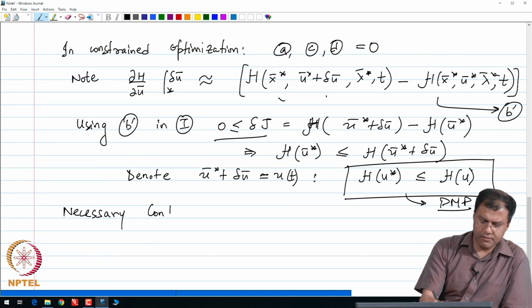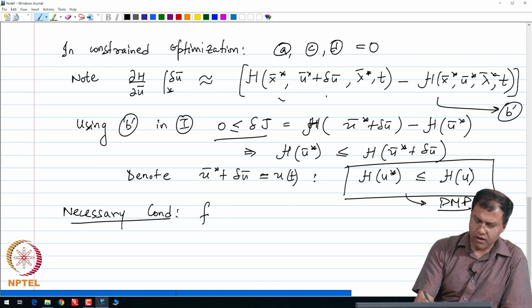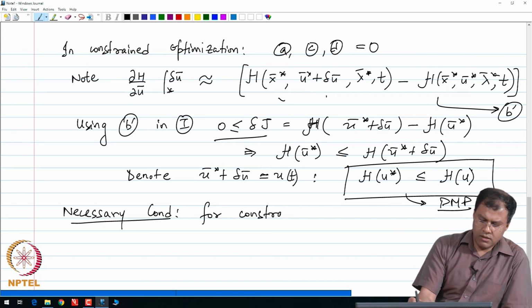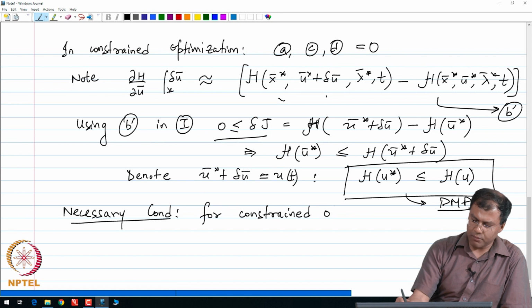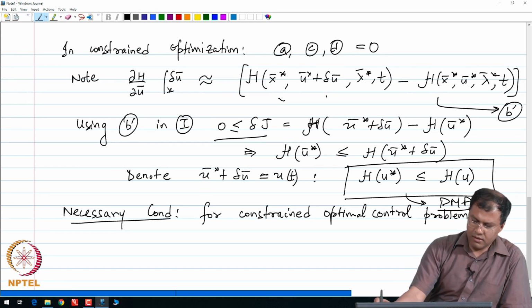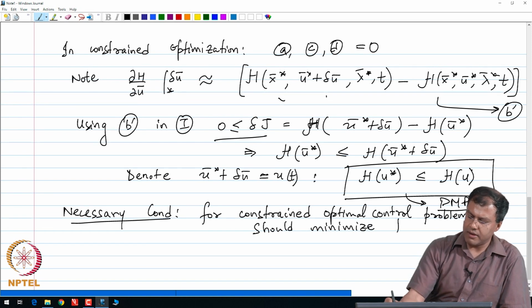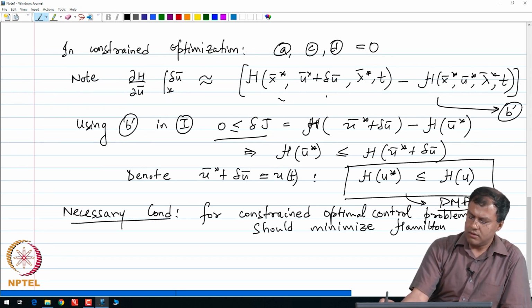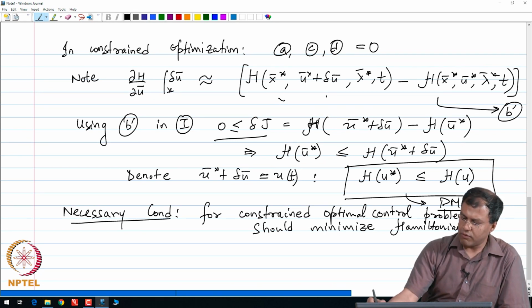The necessary condition for a constrained optimal control problem is that the control should minimize the Hamiltonian, and that is what my Pontryagin minimum principle states. Okay.